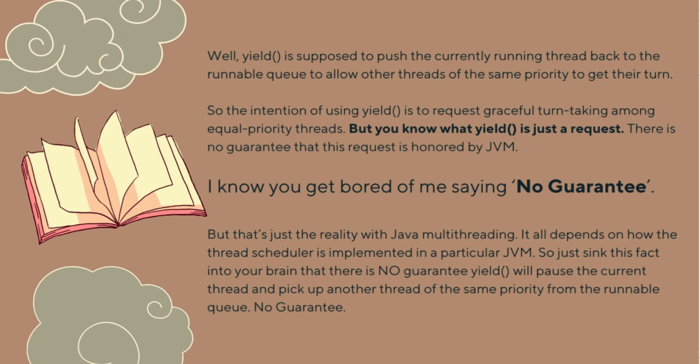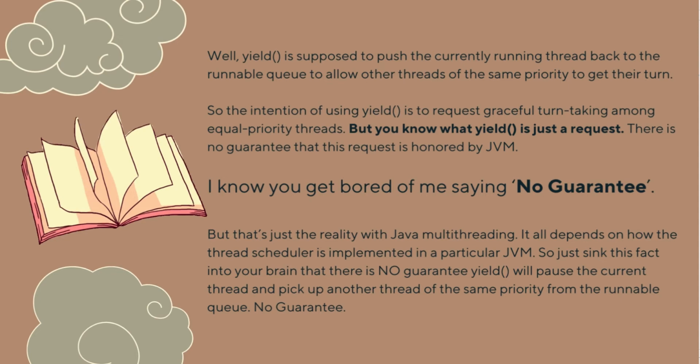But you know what, the yield method is just a request. There is no guarantee that this request is honored by the JVM. I know you get bored of me saying no guarantee, no guarantee, but that is just the reality with Java multi-threading.